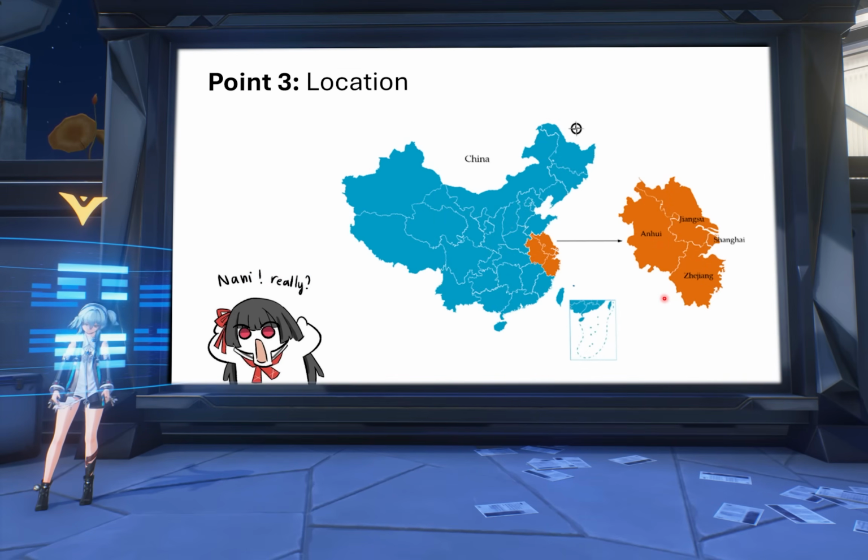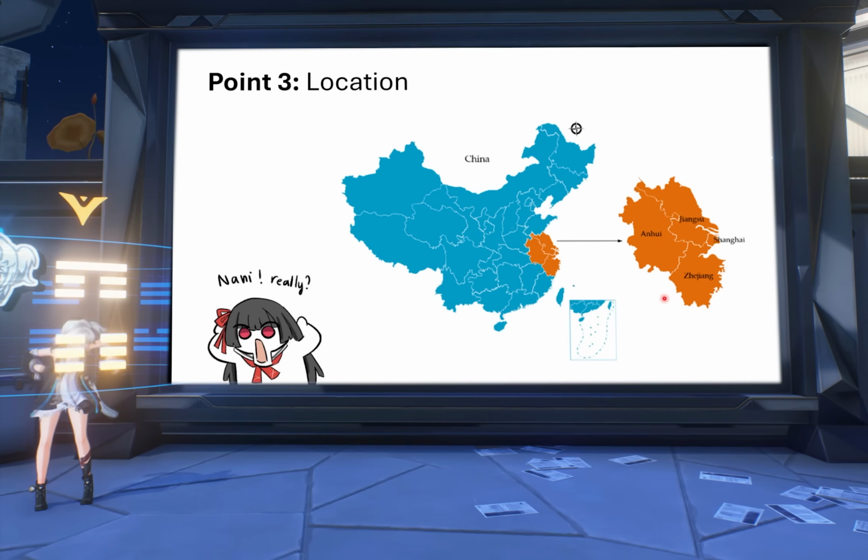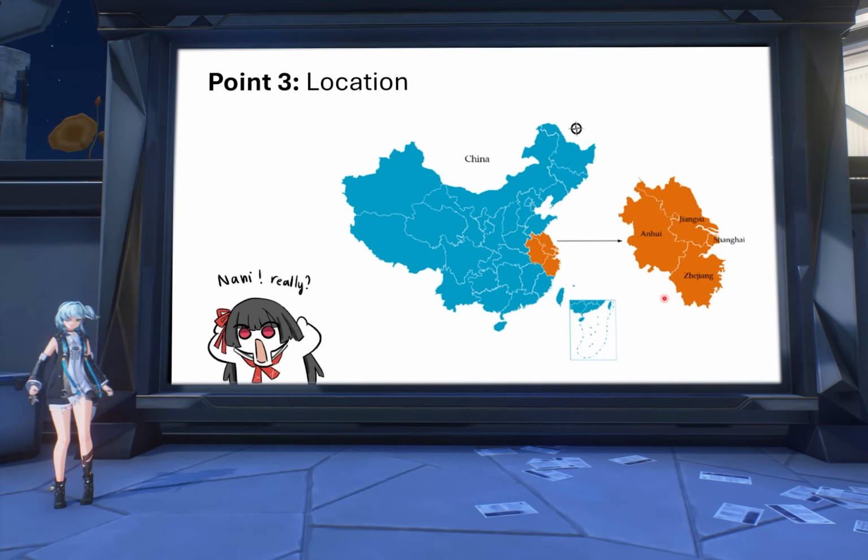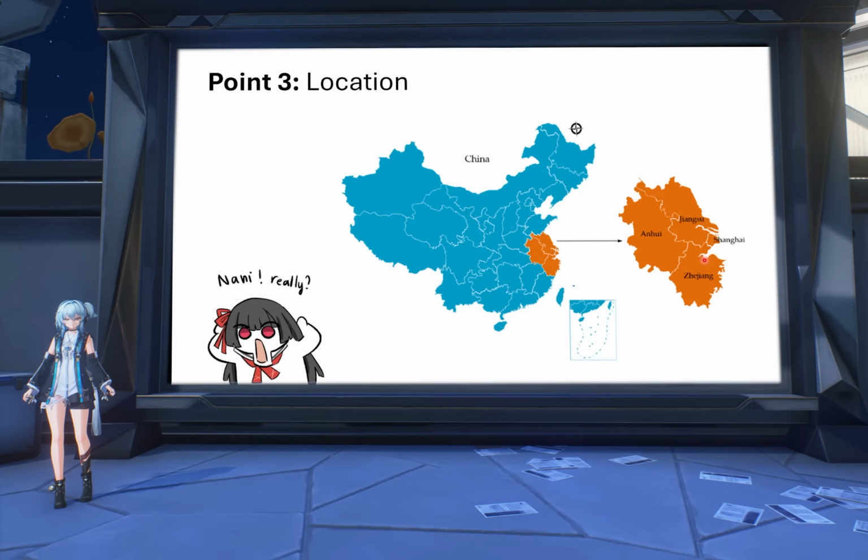The other thing we can consider when it comes to Jinzhou being Jiangsu is very simple. Since we know that Mount Firmament is based on Zhejiang, it's very interesting that Jiangsu is right next to Zhejiang. This is not a very strong point by any means, but I thought it'd be interesting to put in.